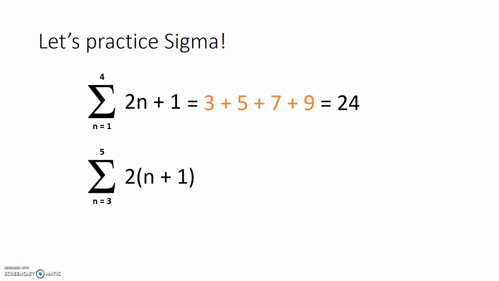And then we substitute 4, so 4 plus 1 is 5, times 2, we get 10, so we'll hold on to that and then substitute 5 in. 5 plus 1 is 6, times 2 is 12. And we've reached 5, so that's all we need to do. And this gives us a sum of 30. So the sigma of 2 times, in parentheses, n plus 1, from 3 to 5 is 30.